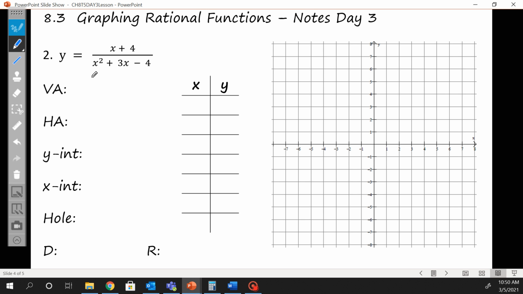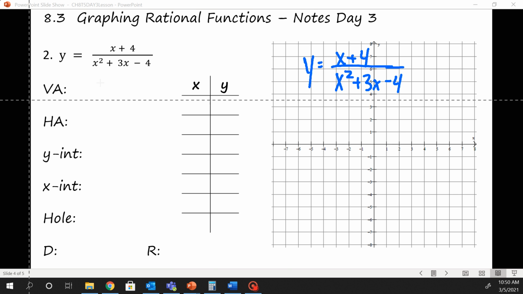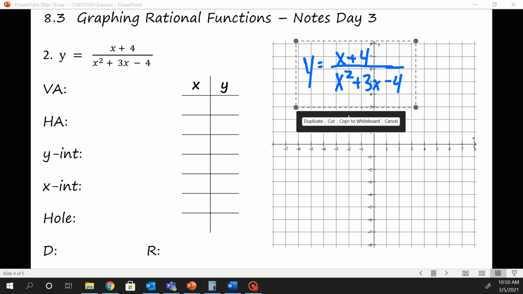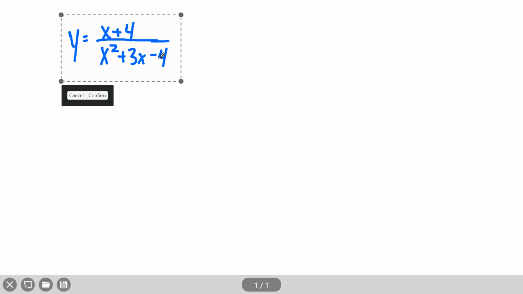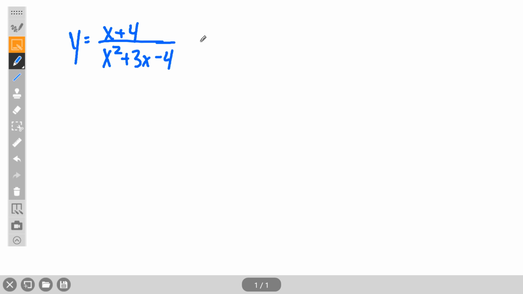Number 2, we have y is equal to x plus 4 over x squared plus 3x minus 4, and this is what we want to graph. First, we will factor it.